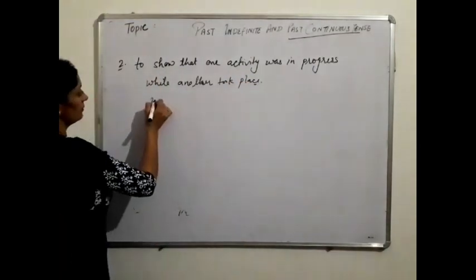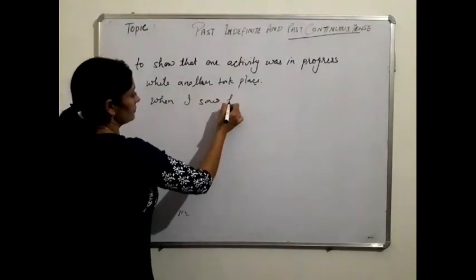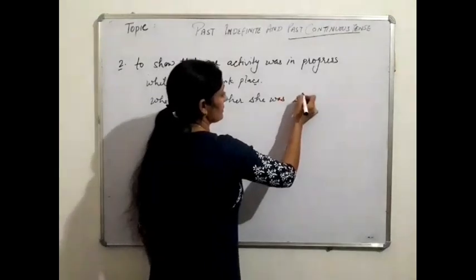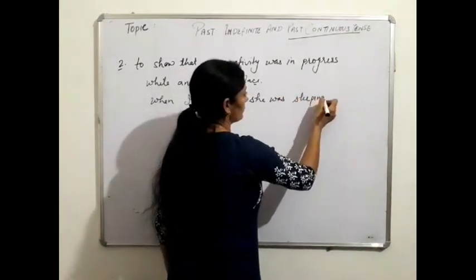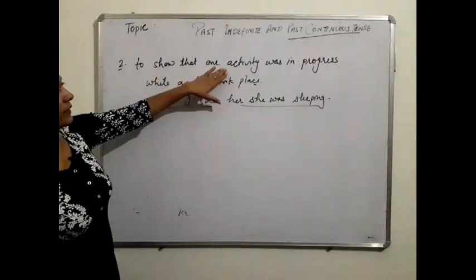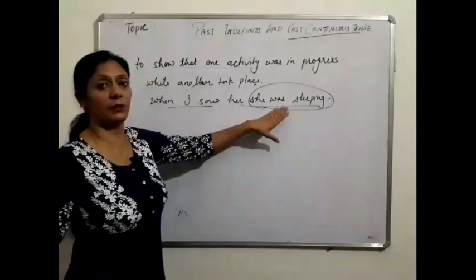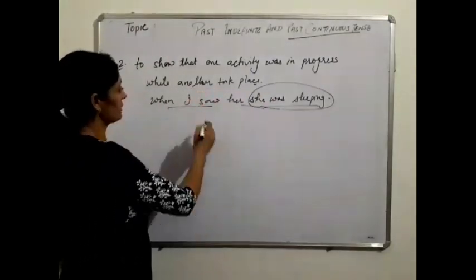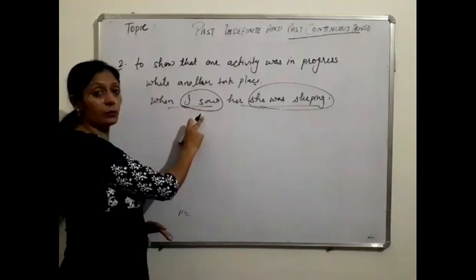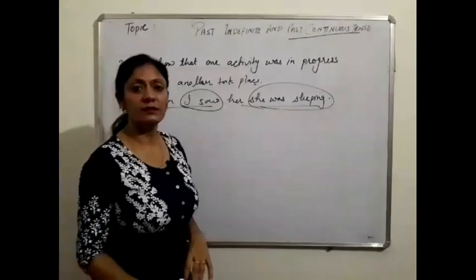For example, when I saw her, she was sleeping. Two activities are there. To show that one activity was in progress, it means she was sleeping, and when the another took place, which one took place? When I saw her. When one activity took place, the another was in progress. When I saw her, she was sleeping.